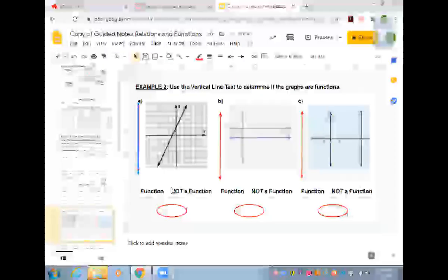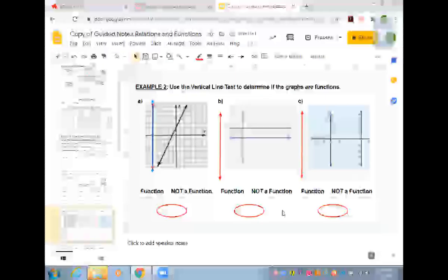So what I'm looking for is if I take this vertical line and I move it across the graph, does that vertical line ever touch any part of my function twice at the same time? If it touches that relation twice at the same time, that's not a function.